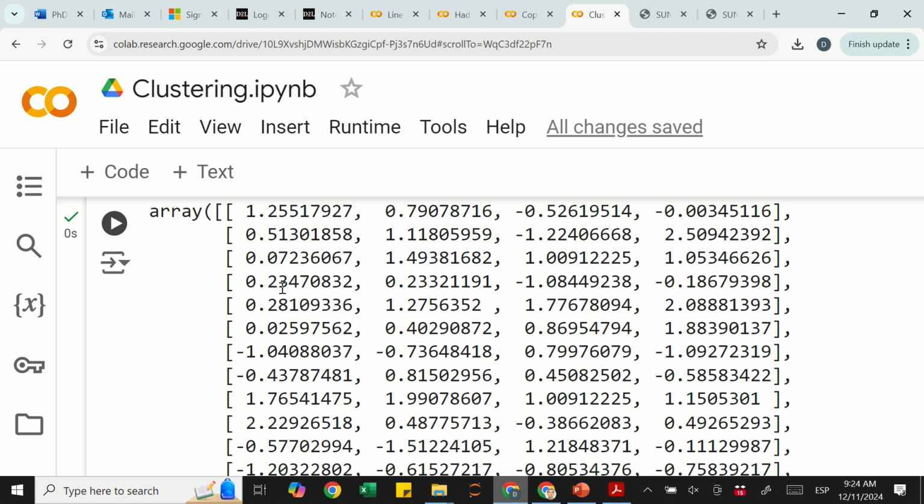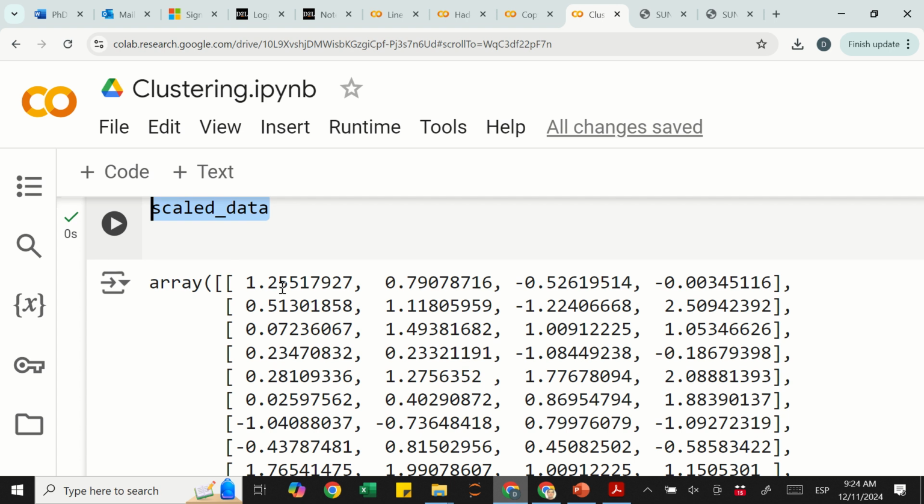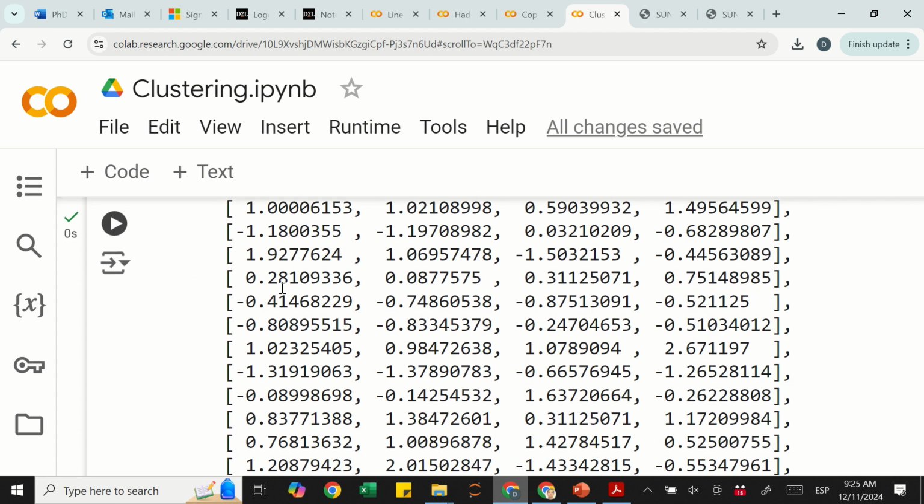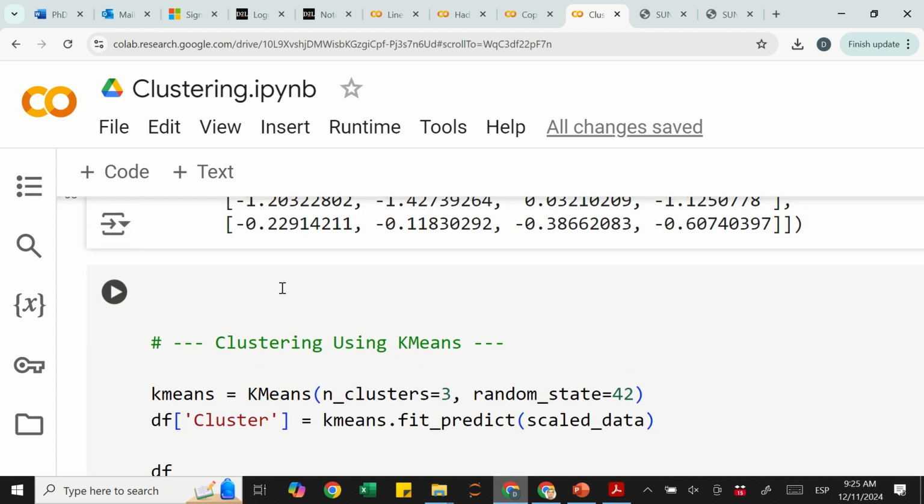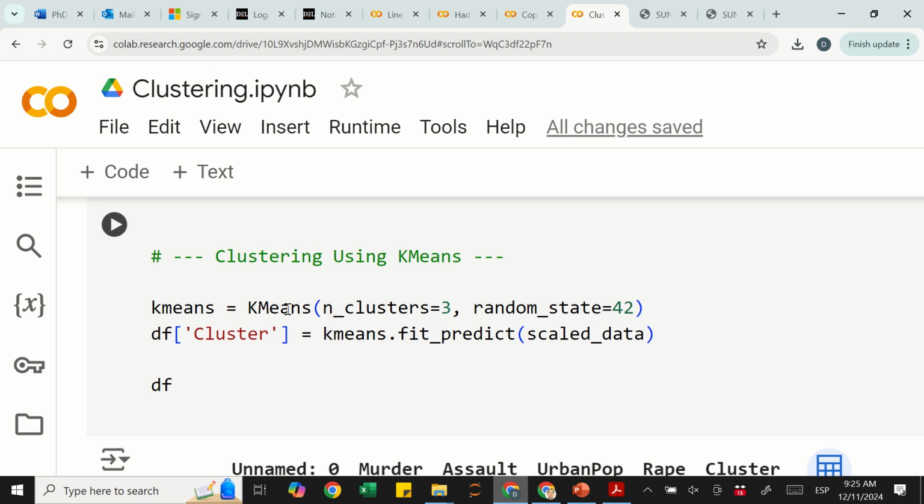So this is data standardization. The good thing is that now every single column has the same mean value equal to 0, and the sigma is equal to 1 for each column. So now it makes sense to combine them to compute distances. Once we have standardized, we can perform our clustering analysis, our k-means.